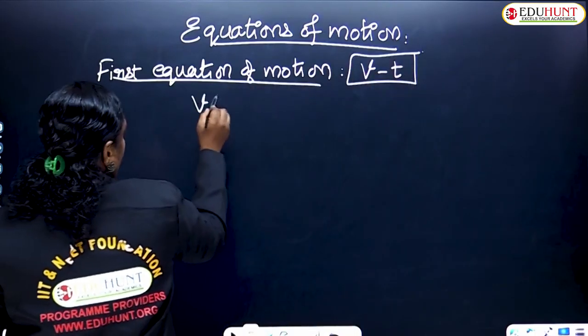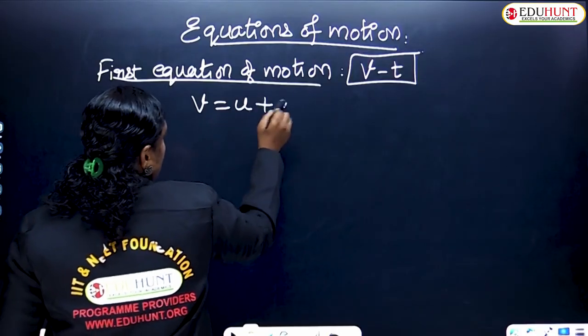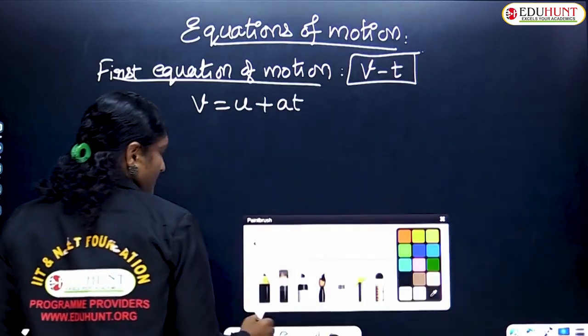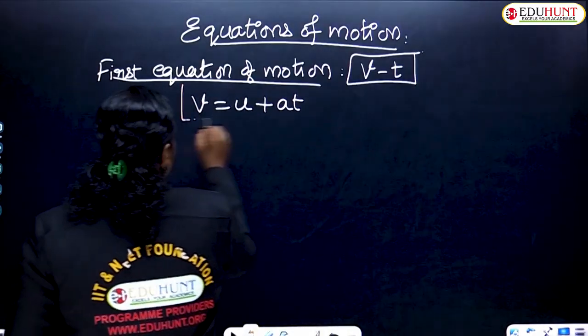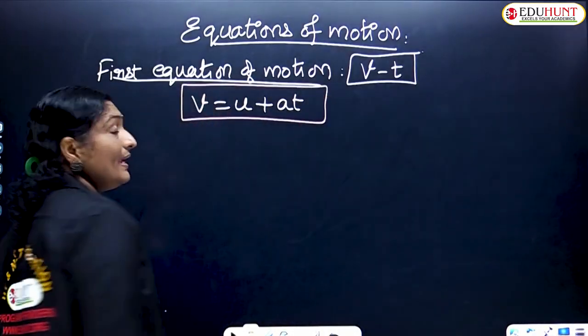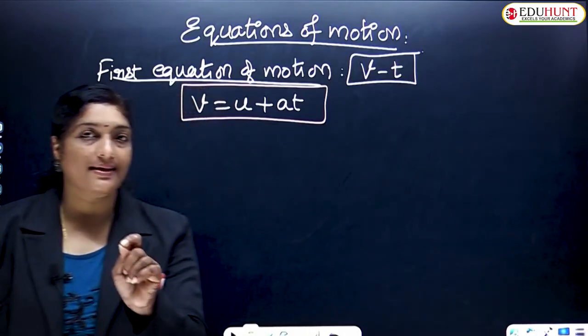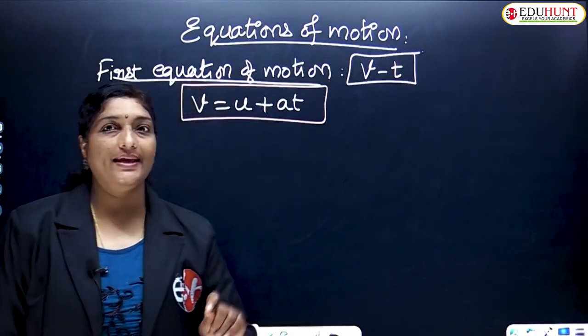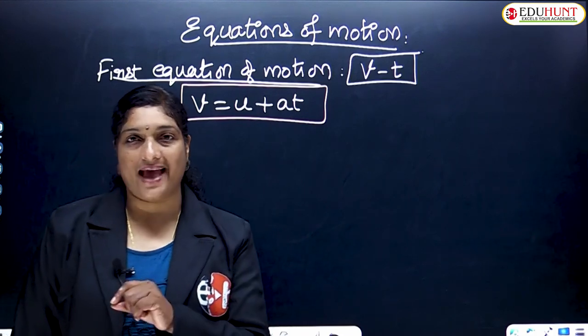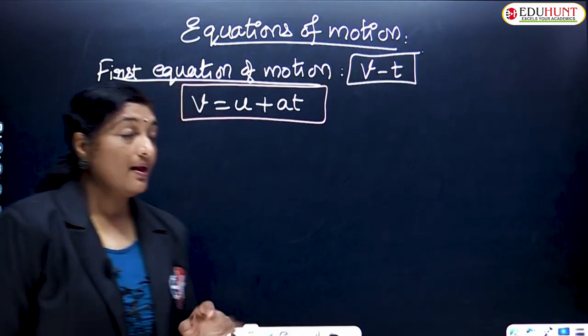This is how the equation is written: v is equal to u plus at, where v is final velocity, u is initial velocity, a is acceleration and t is time.